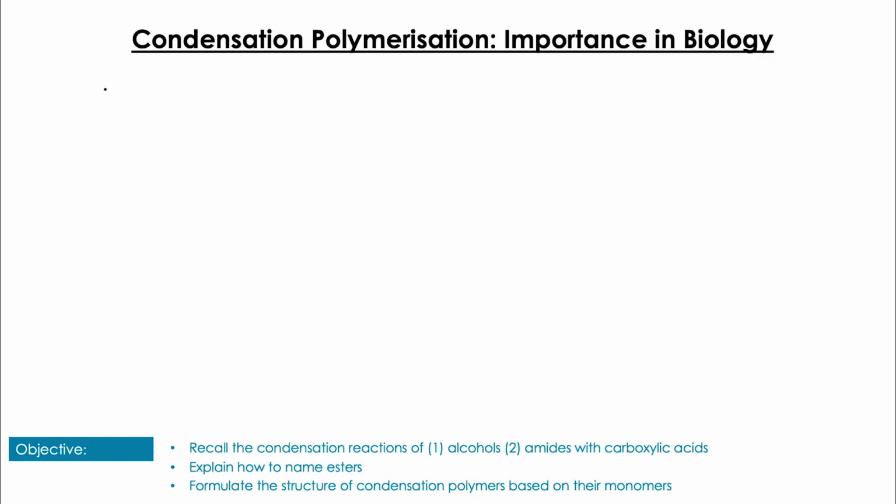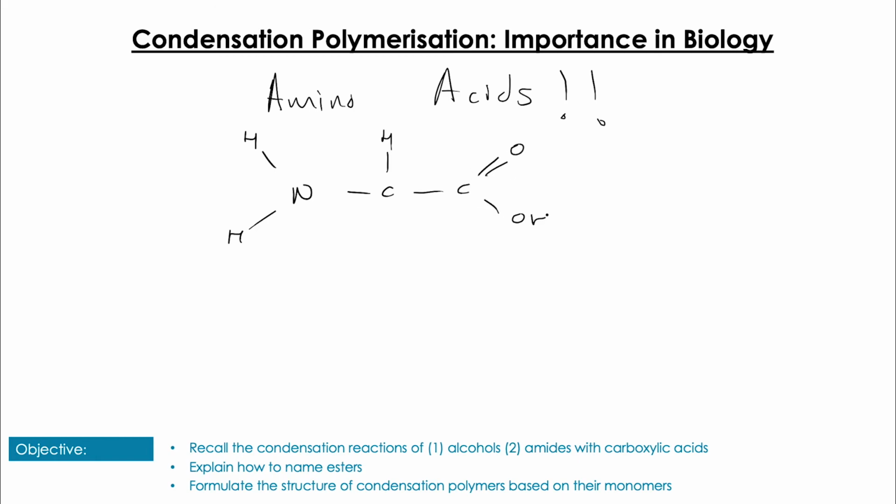Some of the biologists among you may have already noticed that amino acids indeed have both an amine and a carboxylic acid group. Indeed, they're the OG of the condensation polymerization game. If we change the R group, then we end up with a different amino acid. We have an amine and a carboxylic acid group, so we don't even need a dicarboxylic acid or a diamine.